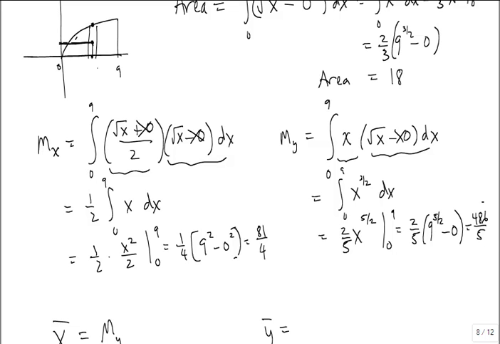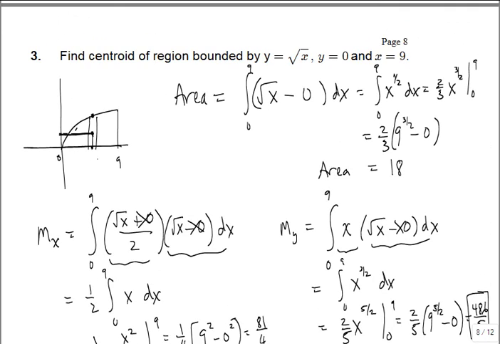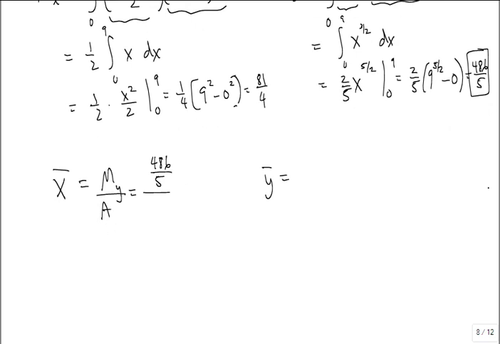So we're actually going to use this number divided by our area. So our moment about the y-axis, we came up with that 486 divided by 5, and we want to divide that by our area, which we found earlier was 18. So if you reduce that, that's about 5.4.